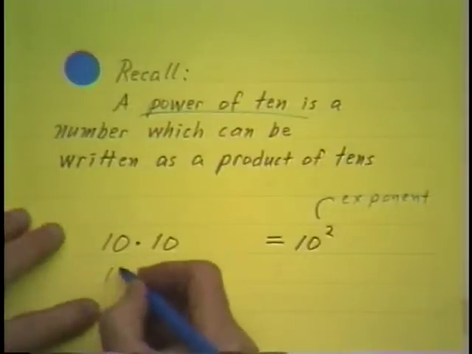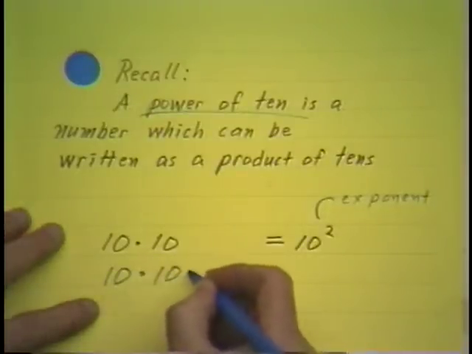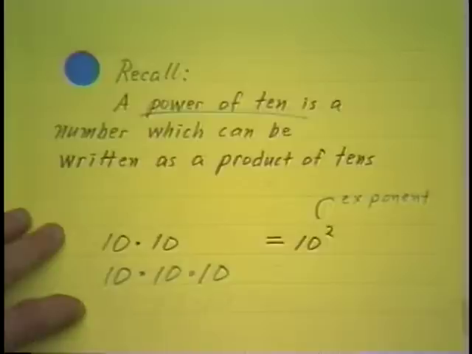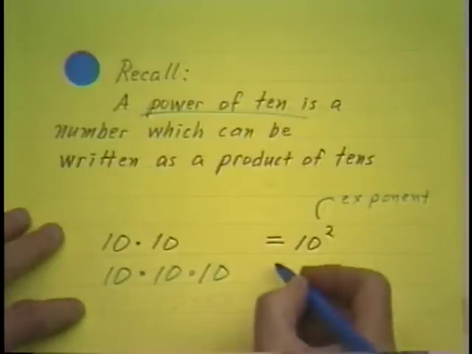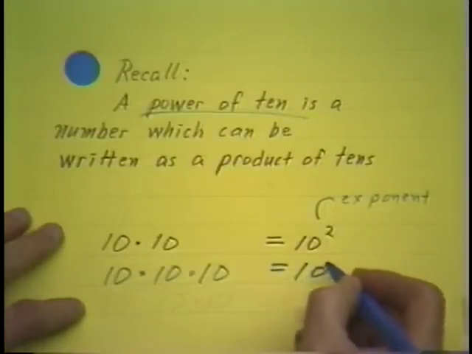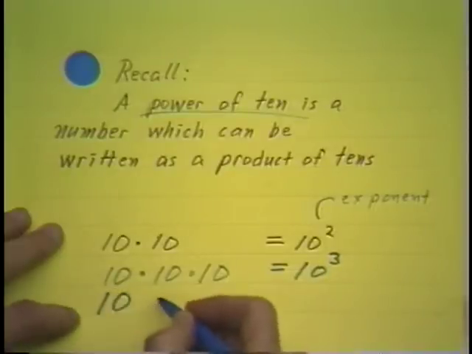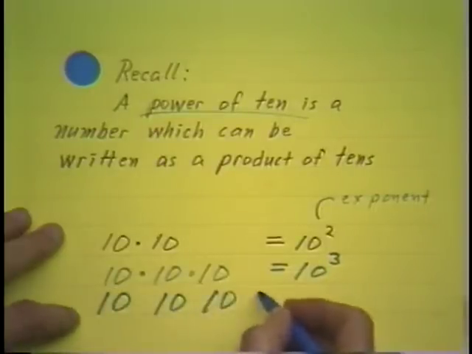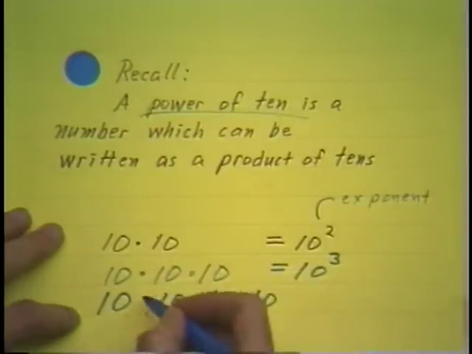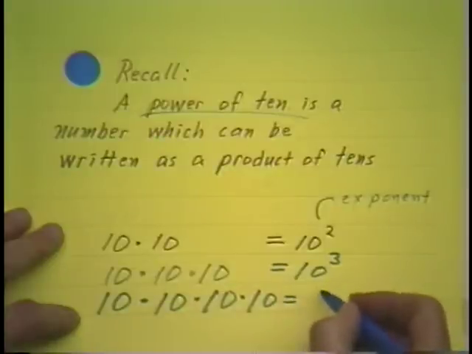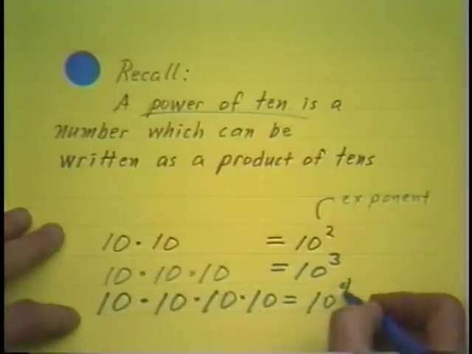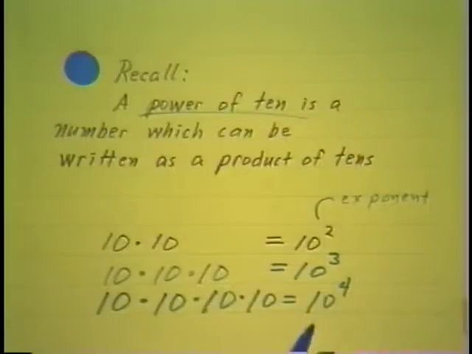So if I had 3 tens being multiplied, we would write that as 10 with an exponent of 3. If we had 4 tens being multiplied, we would write that as 10 with an exponent of 4, and we would verbalize that as 10 to the 4th power.